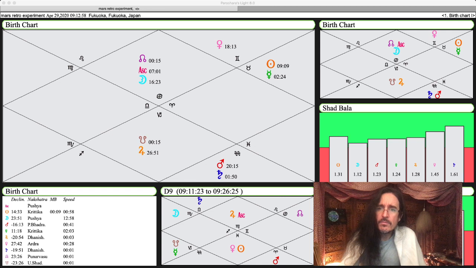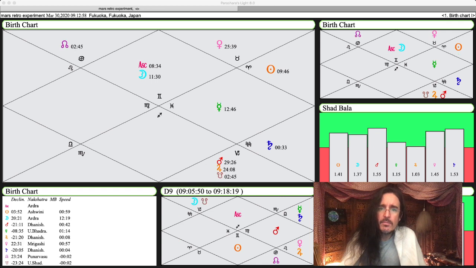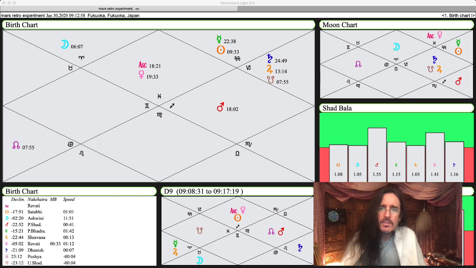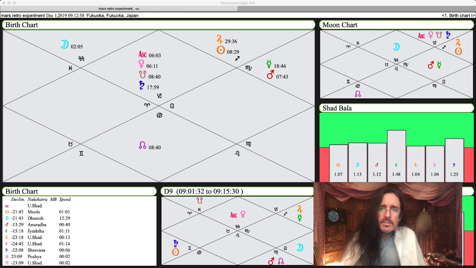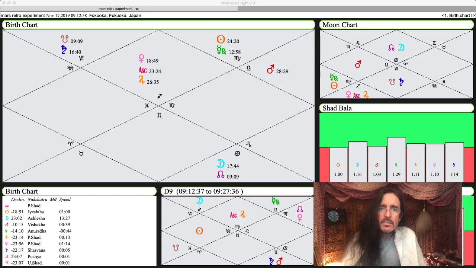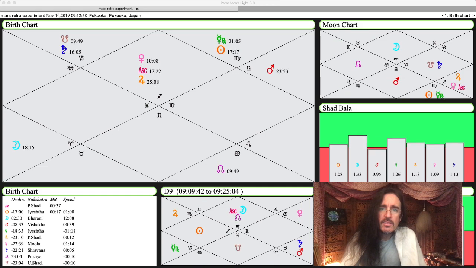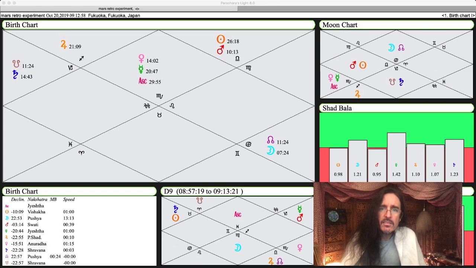We'll need to get Mars pretty close to the sun, so we'll skip back by months. Now that we're pretty close, we'll skip back by weeks. And now we've got them in the same sign in Libra, in October. So let's go and just get an exact conjunction.